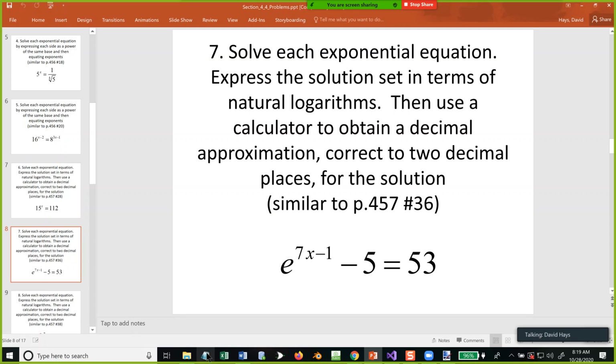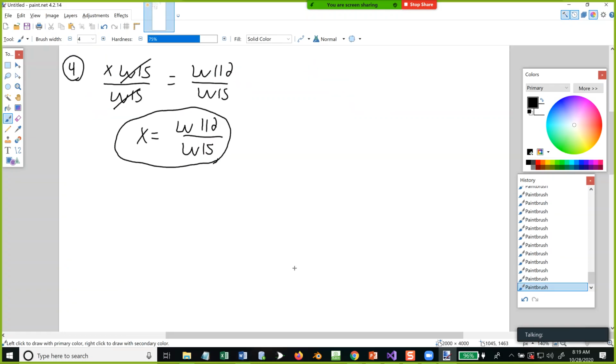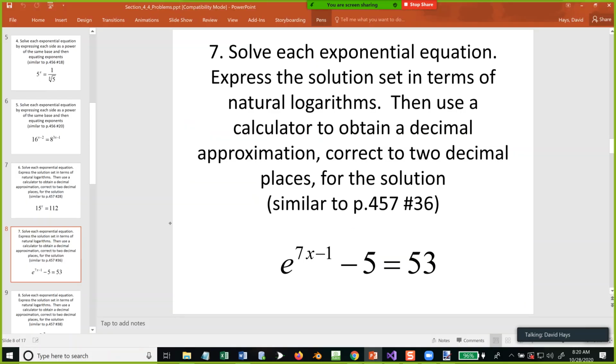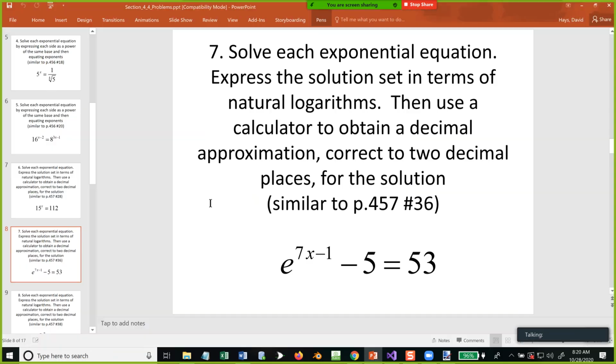Let's take a look at this one. e to the 7x minus 1 minus 5 is equal to 53.